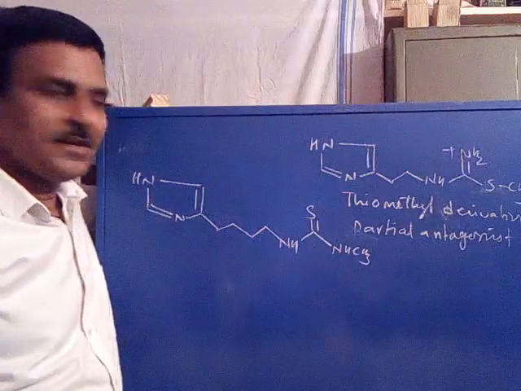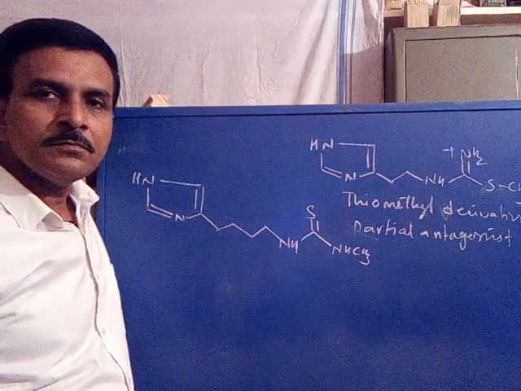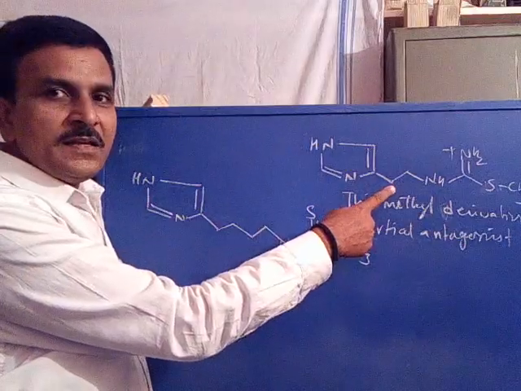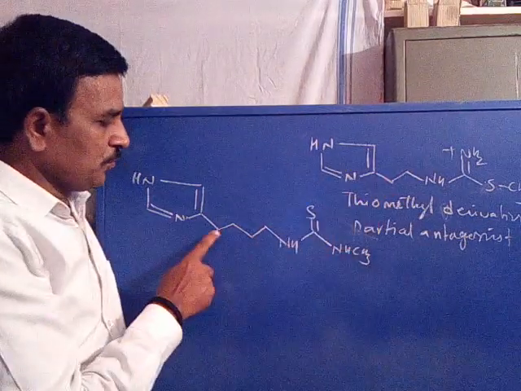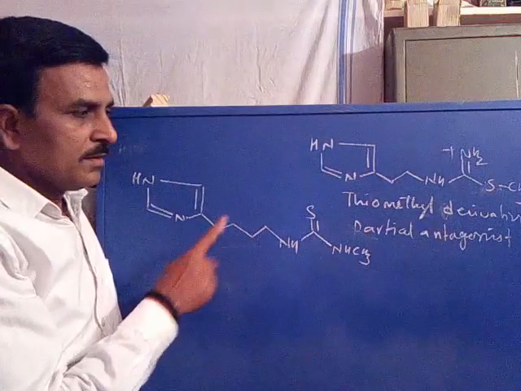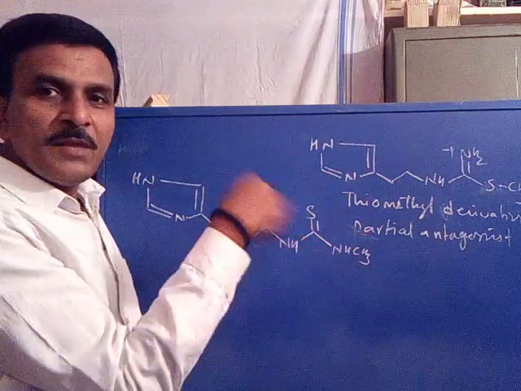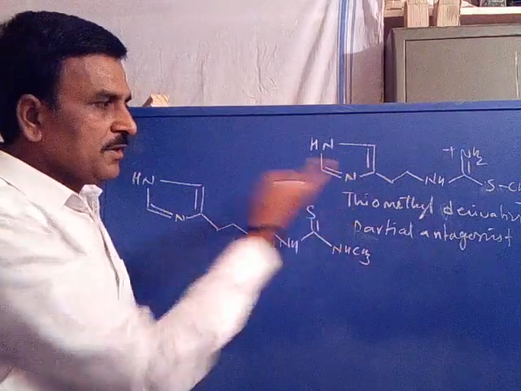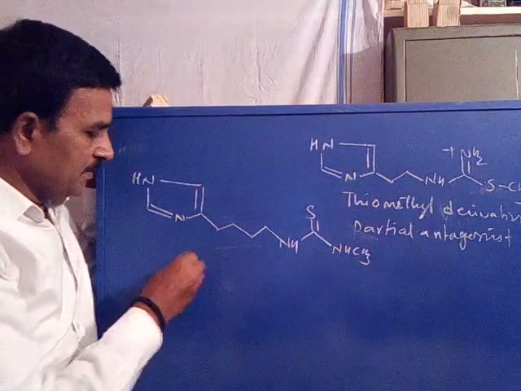Now you see what the modification is. The internal chain length is increased from 2 carbons to 4 carbons: 1, 2, 3, 4 carbons. Is it clear? To overcome the partial antagonistic activity of the thiomethyl derivative, this was further modified into burimide. This is burimide.